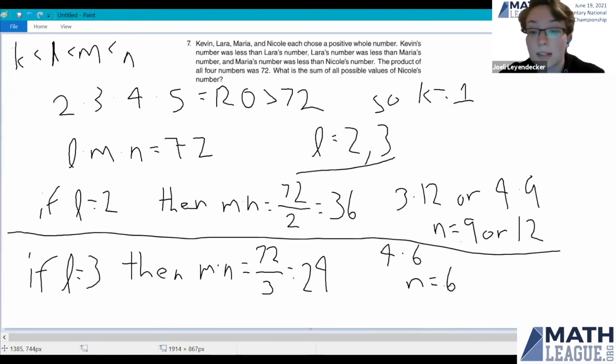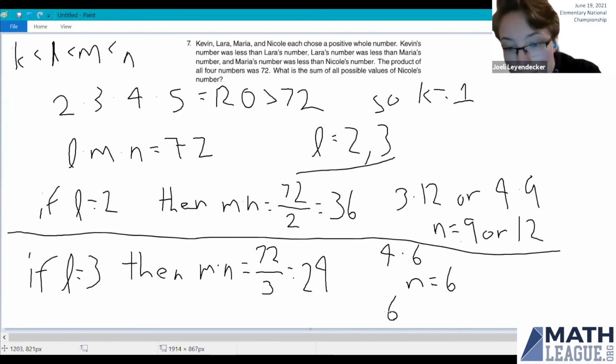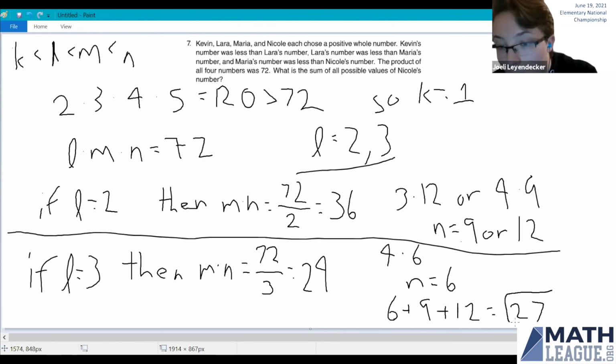So we have 3 possible values for N. So adding those together, we get 6 plus 9 plus 12, or 27, which is our answer.